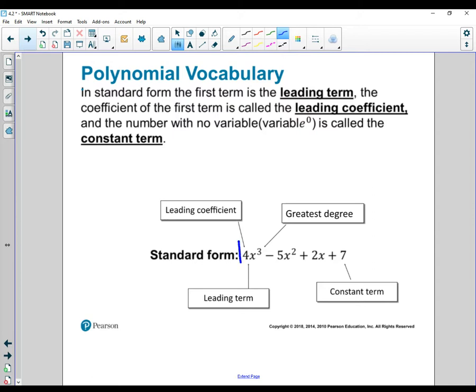Remember, a term is any number of stuff multiplied together. So that's a term, that's a term, that's a term. Basically, the addition and subtraction separate the terms. So the leading term is the whole chunk, or x cubed. The constant is just a number.